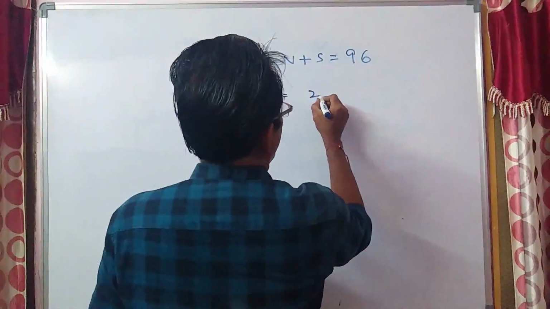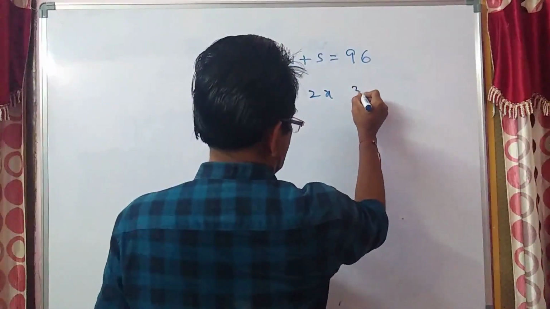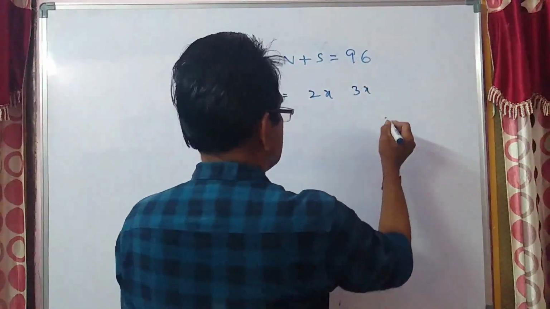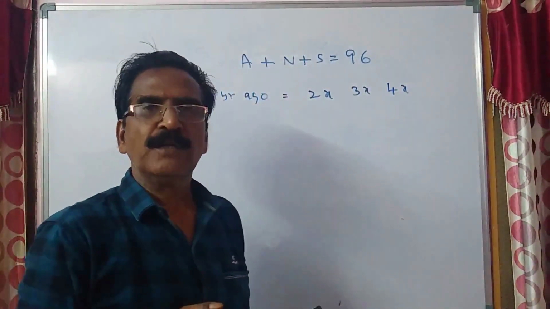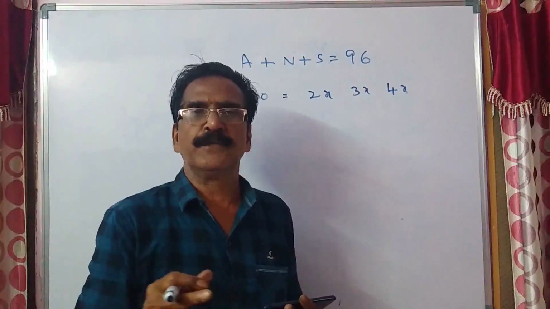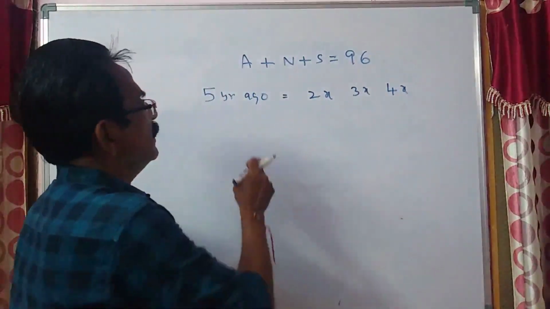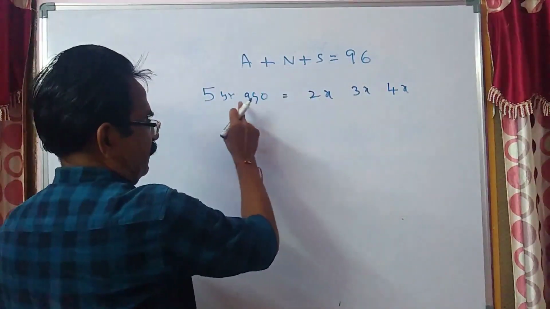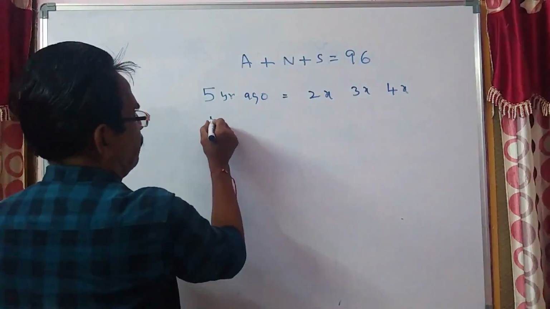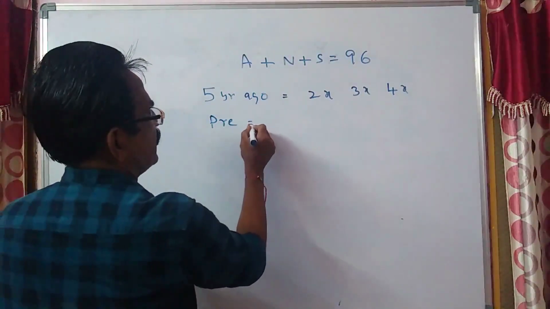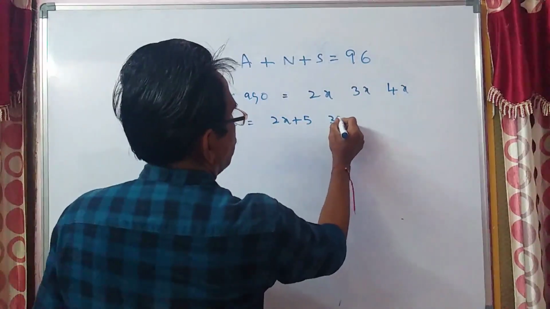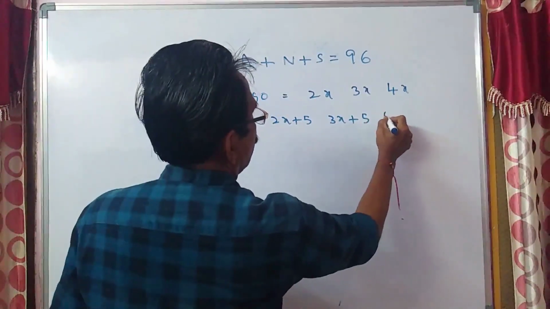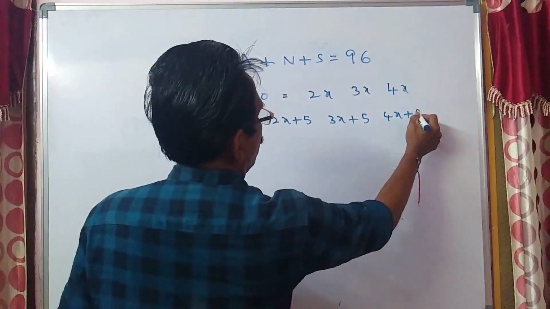5 years ago, their ages were 2x, 3x, and 4x. These are the ages 5 years ago. Then what are the present ages? 2x plus 5, 3x plus 5, and 4x plus 5.